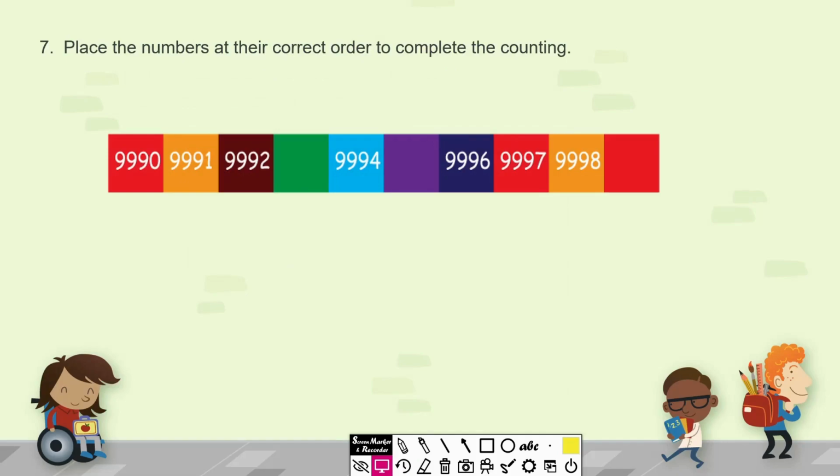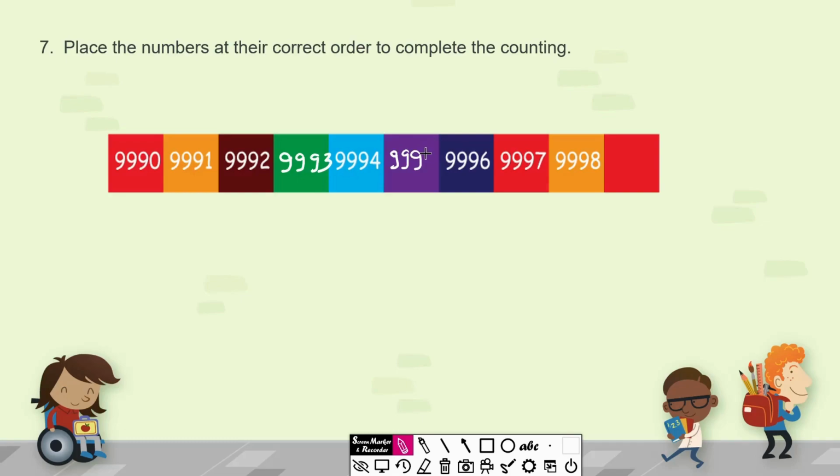Place the numbers in their correct order to complete the counting. Okay, let's do it. 9990, 9991, 9992. Here it should be 9993. Then 9994, 9995.